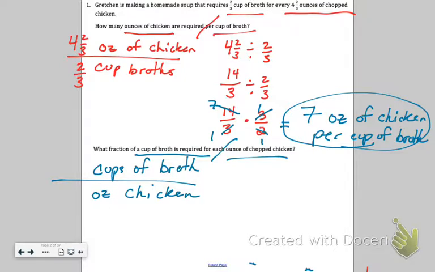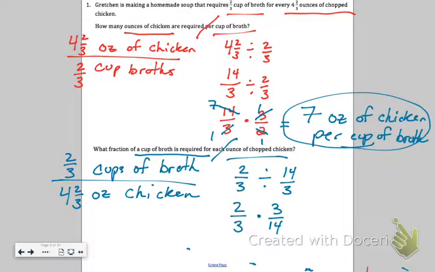I'm going to go back to the beginning. I have 2/3 cups of broth, and I have 4 2/3 ounces of chicken. And I'm just going to basically divide this the other way. I know I'm doing 2/3 divided by 4 2/3, or I know that number is 14/3. I'm going to multiply by the reciprocal of 14/3, so I change this to 2/3 times 3/14. Same applies to this one.